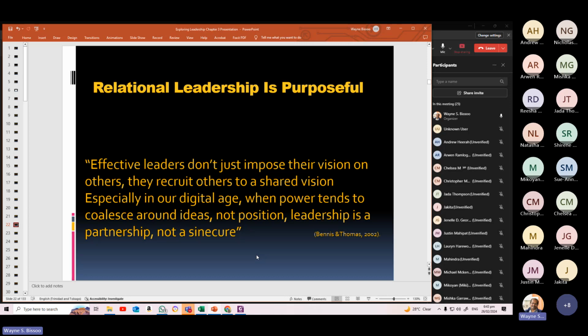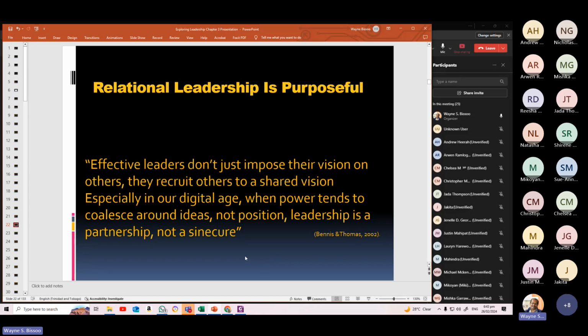which is what I hope Mrs. Bhagwan Singh would have done, especially in our digital age where power tends to coalesce around a particular idea and not a position. Leadership is a partnership, not a synergy.